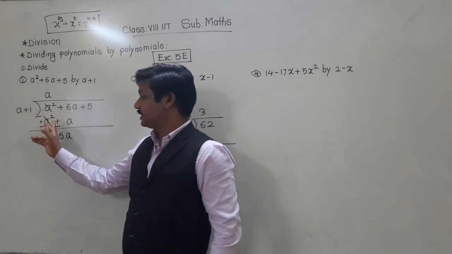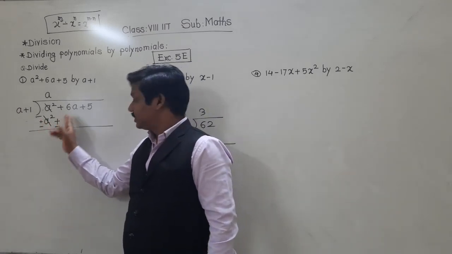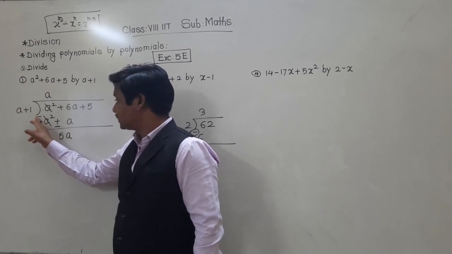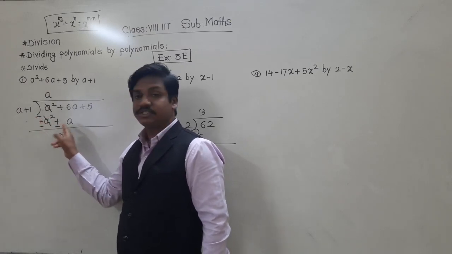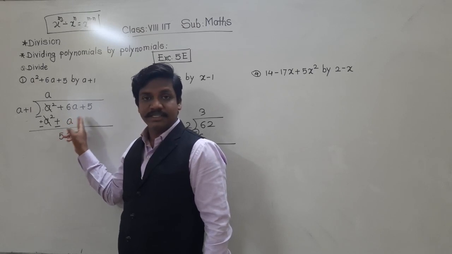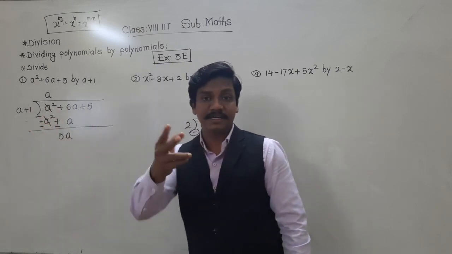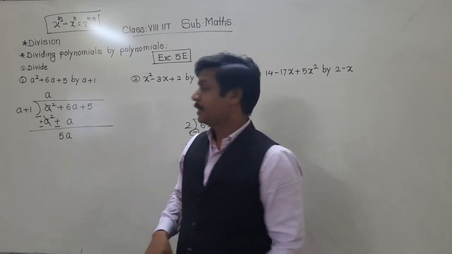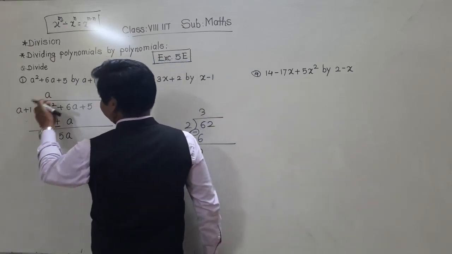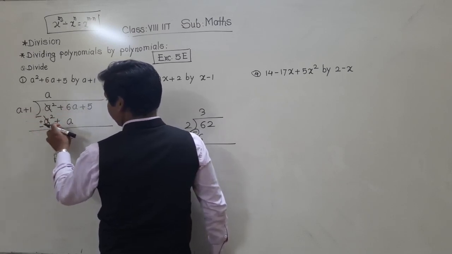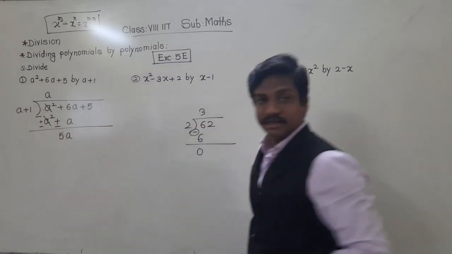But here, since it is a polynomial, there are more than 2 terms. So due to this minus sign, their signs will be changed. Signs of each term will get changed. Okay. So if it is plus, it will become minus. If it is minus, minus gets plus. Okay. So take care here. Now here a square and this minus a square 0, and 6a minus a 5a.